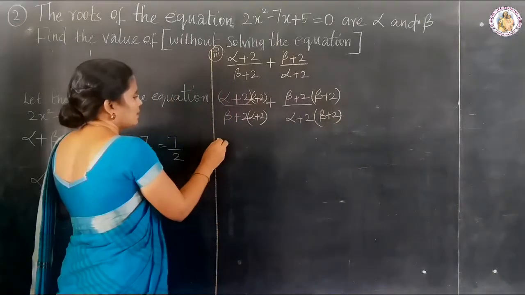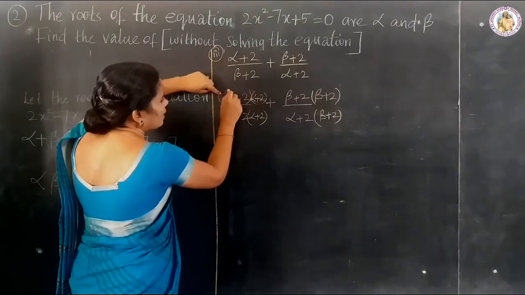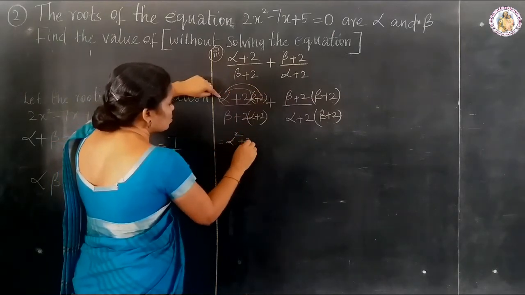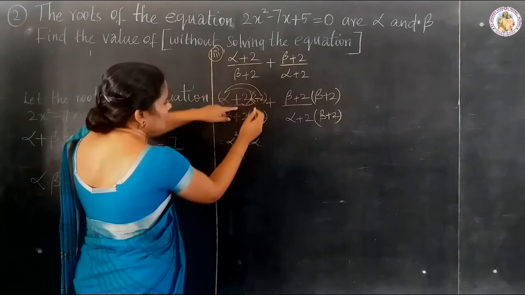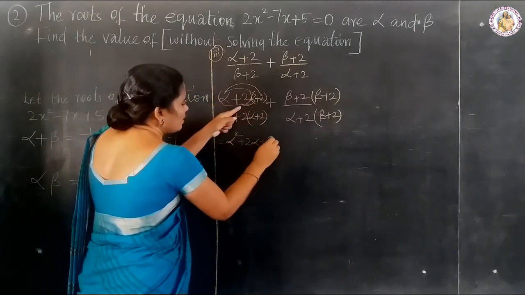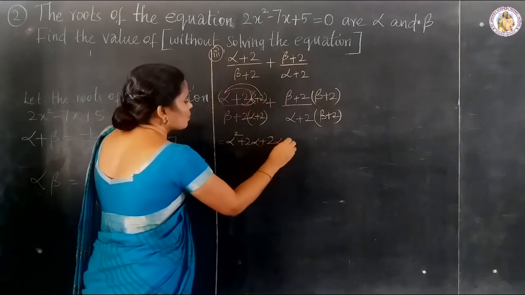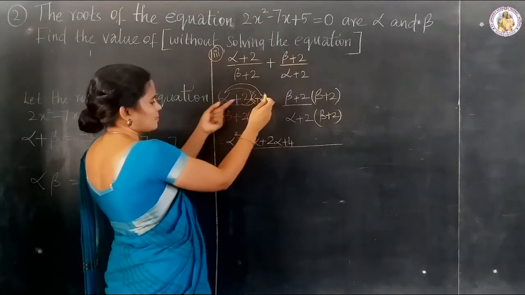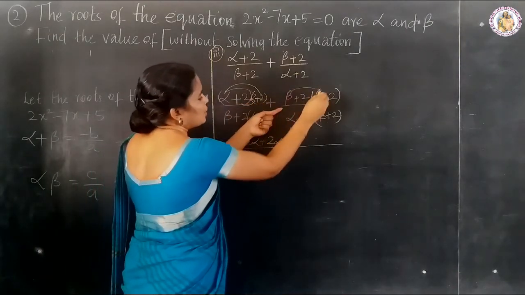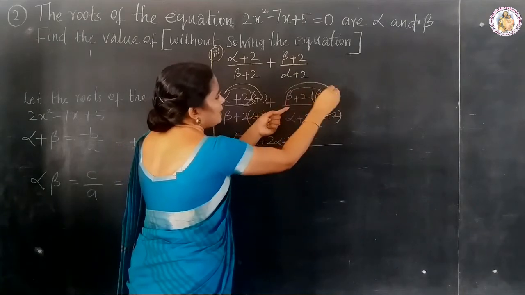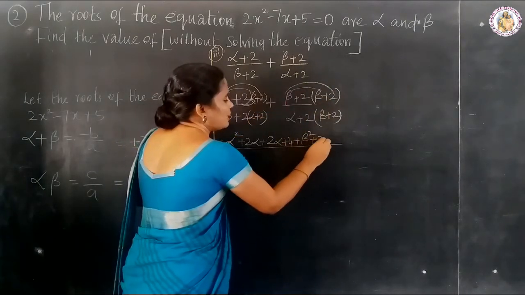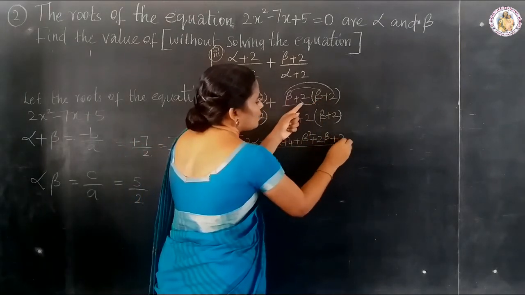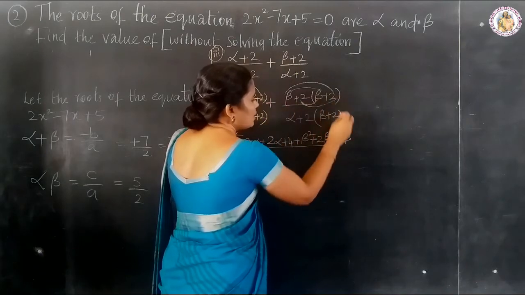The next step, alpha into alpha, alpha square, alpha into 2, that is plus 2 alpha, and again 2 into alpha, 2 alpha, 2 twos are 4, plus beta into beta, beta square, beta into 2, 2 beta, and 2 into beta, 2 beta, plus 2 into 2, 4.